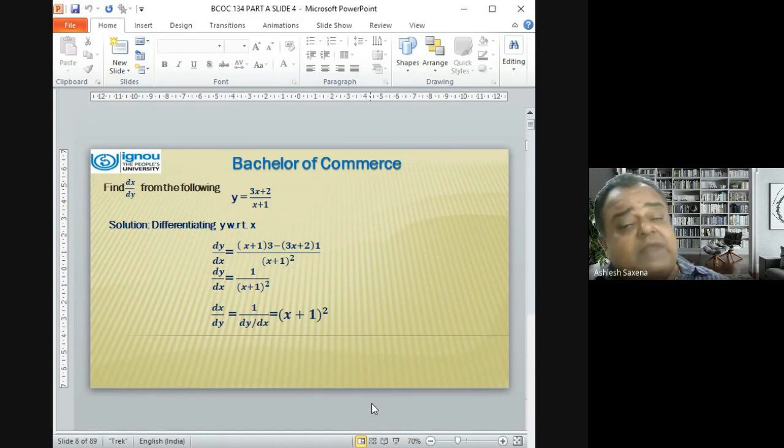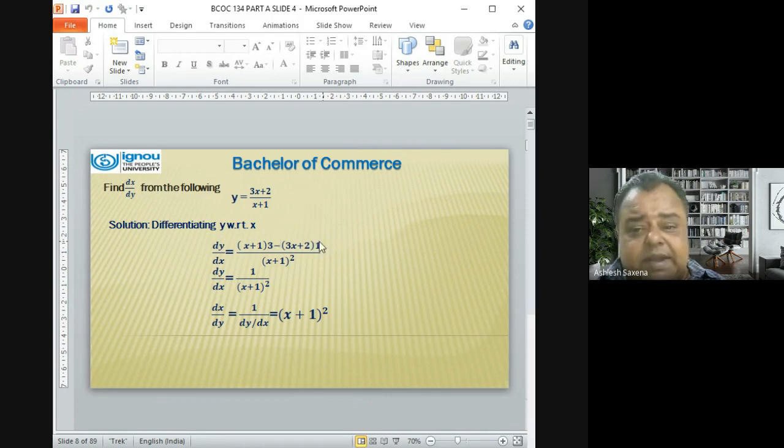This denominator will come in the numerator and we will differentiate 3x plus 2. The differentiation of 3x plus 2 is 3, minus the second function as it is, (3x plus 2), times the differentiation of x plus 1. The derivative of x is 1 and the derivative of a constant is 0. So we are left with 1.